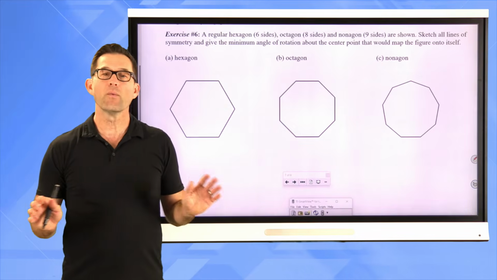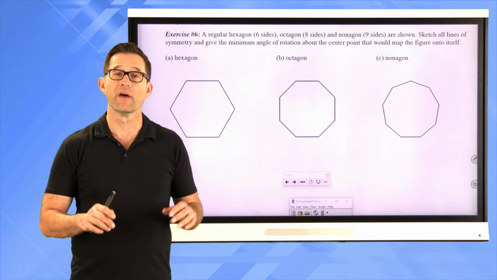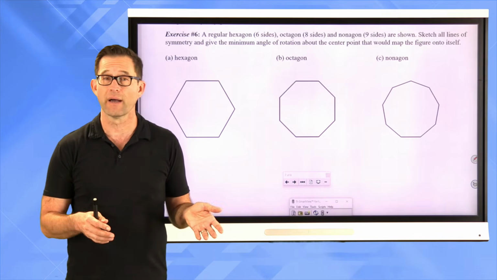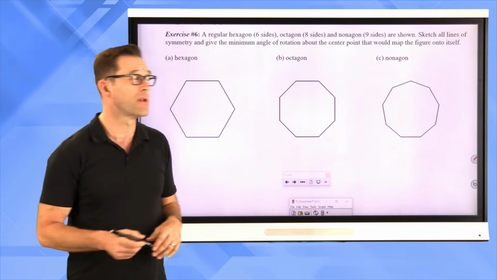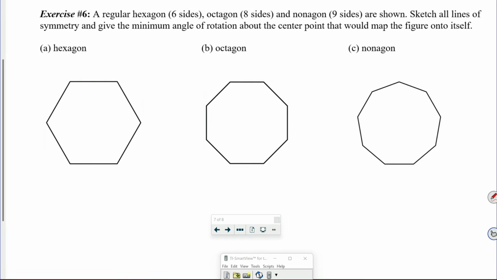All right, now one thing about lines of symmetry is it really depends on whether the regular polygon has an even number of sides or an odd number of sides. So for instance, the hexagon, right, 6 sides, has an even number of sides, which means that all of the lines of symmetry, let me go back to blue, are going to simply be the perpendicular bisectors of these sides, right?